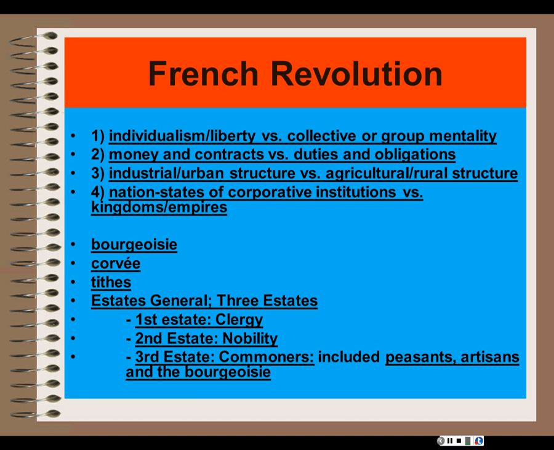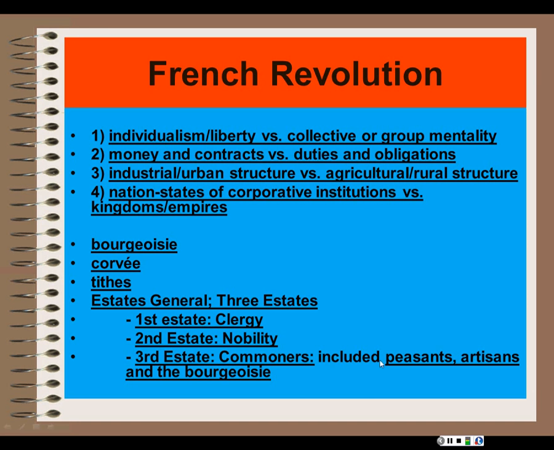And really, the French society was divided still into 3 estates. The clergy, remember, the medieval those who prayed. The second estate, the nobility, remember, the medieval those who fought. And the third estate, the commoners, those who worked.